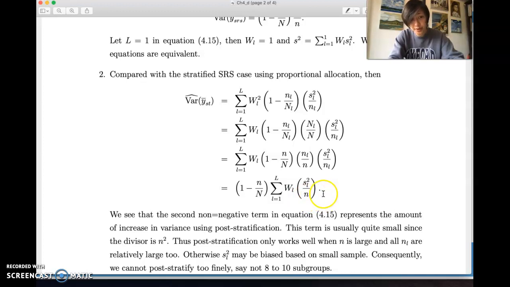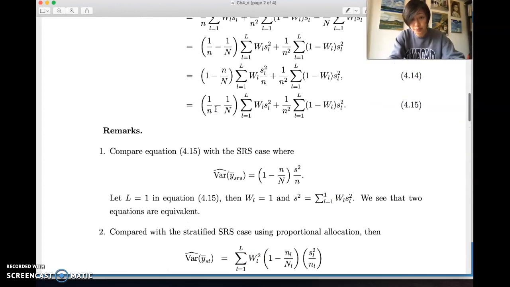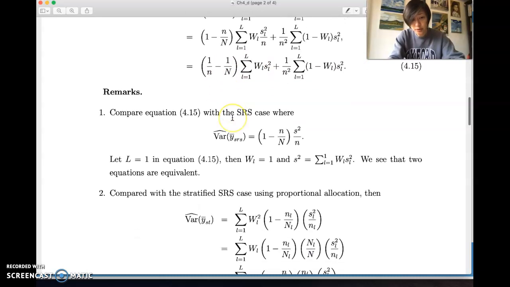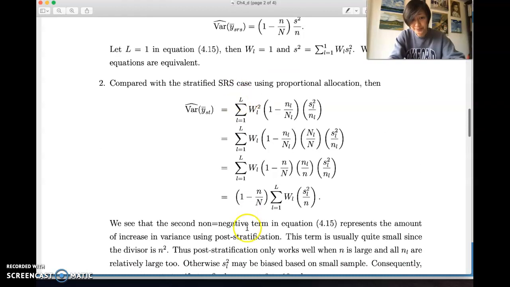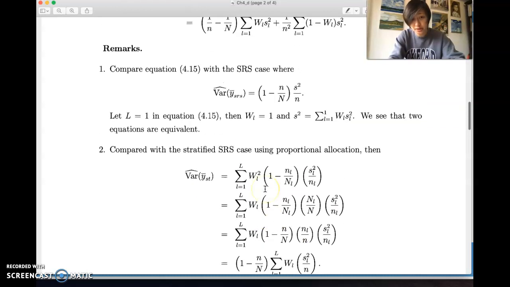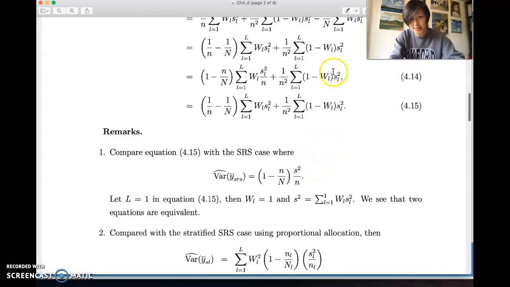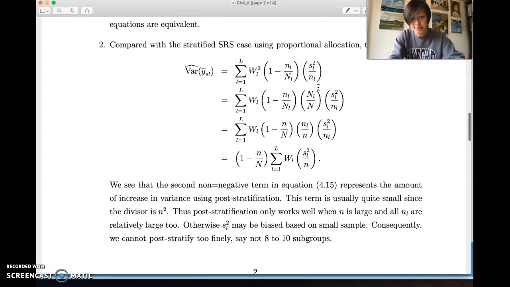Okay, so if we compare the stratified random sampling case under proportional allocation, the estimated variance would be as compared to equation 4.15. So that would be the first part of what we see. In this case, we see the second non-negative term in equation 4.14 or 4.15. This is non-negative, so that is the additional increase in variance from using post-stratification.